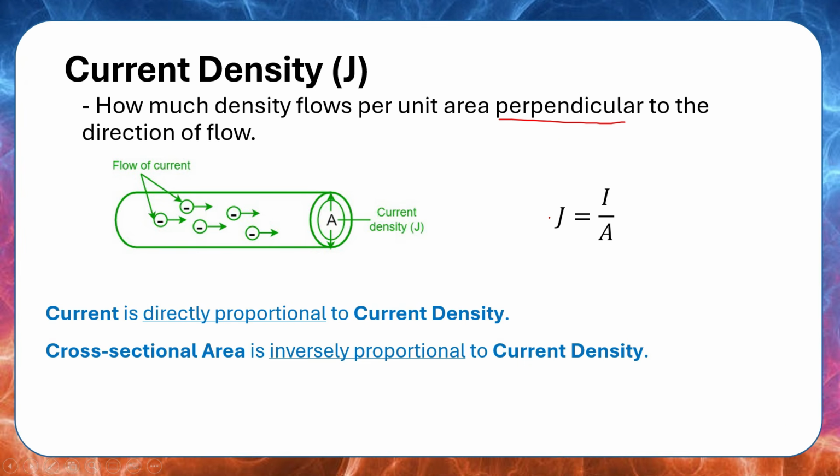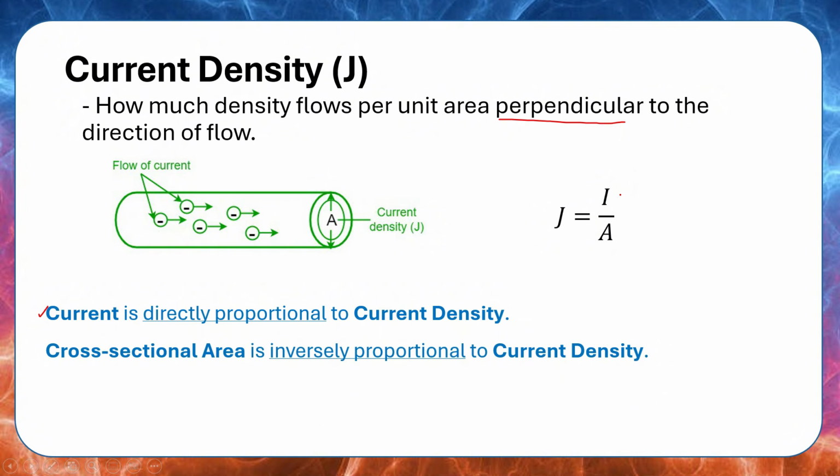So remember, you can only do that if they are on different sides of the equation. J is on the left side, I is on the right side, and they're both numerators, then they are directly proportional. That's why it states here that current, I, is directly proportional to current density, J. It means the more current that you have, the greater current density that you will also get.